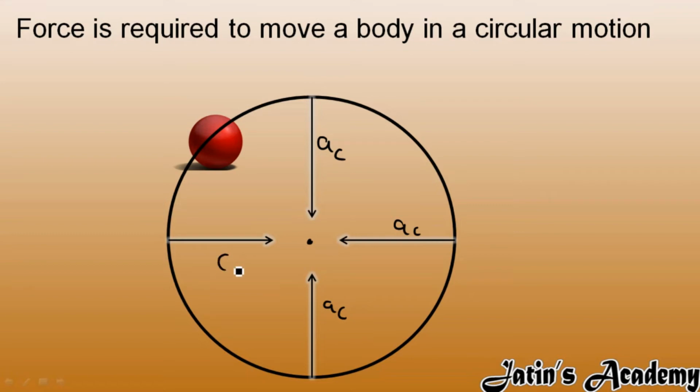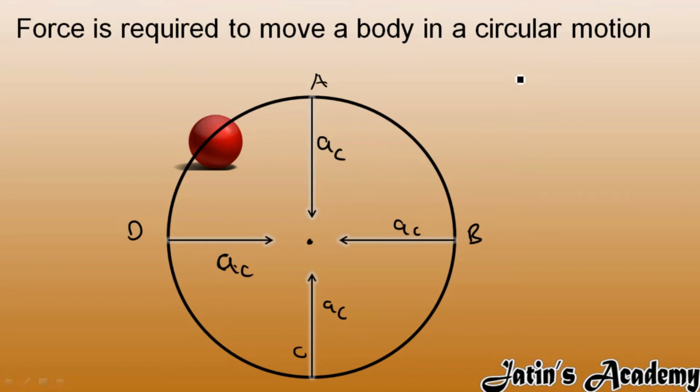Now carefully see, at this point centripetal acceleration is in this direction, at this point in this direction, at this, and last at this. It means that at each and every point the direction of centripetal acceleration keeps on changing.